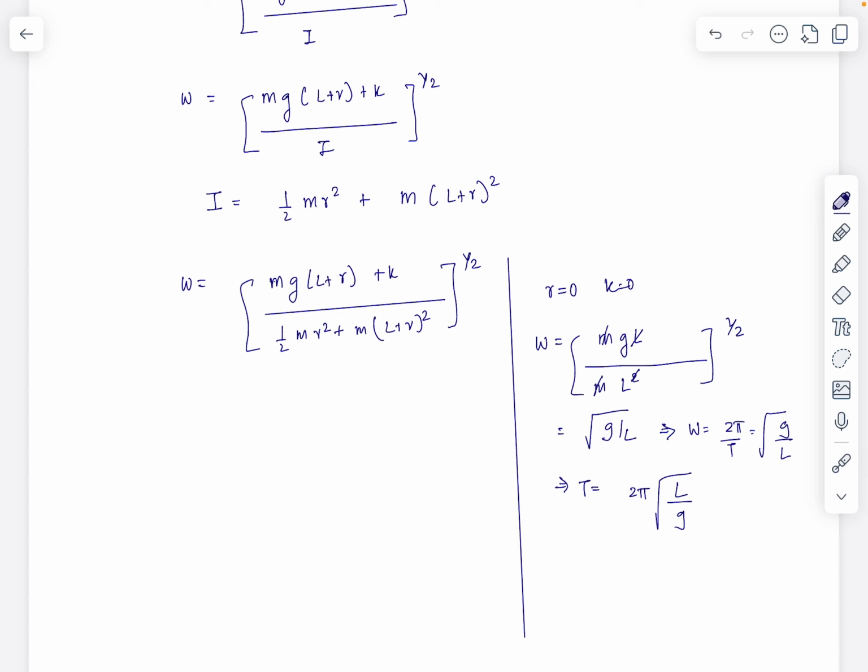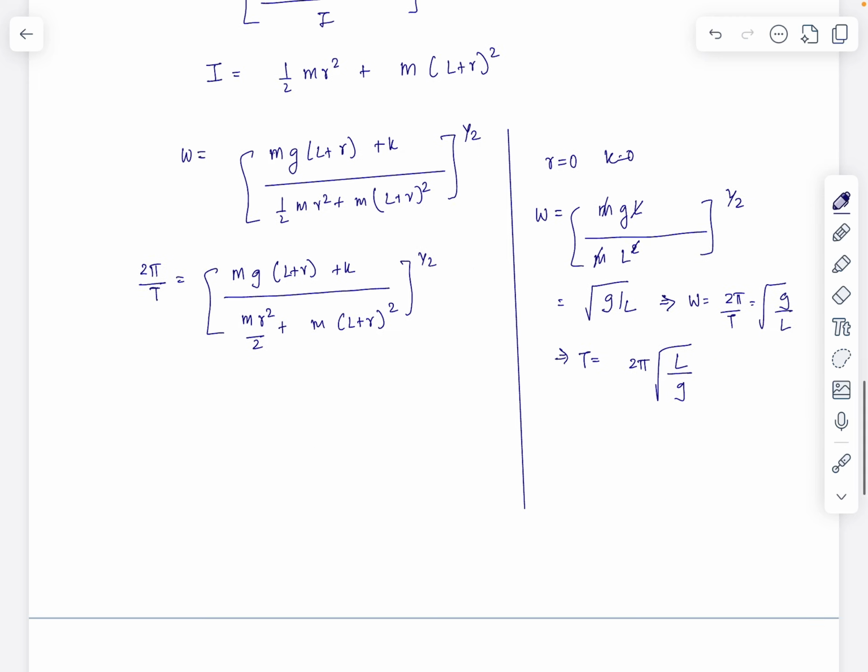Here omega, which we know as 2 pi over T, equals the square root of (mg (L plus r) plus k) divided by (m r squared divided by 2 plus m (L plus r) squared). Therefore, the new time period is 2 pi times the square root of (m r squared divided by 2 plus m (L plus r) squared) divided by (mg (L plus r) plus k).